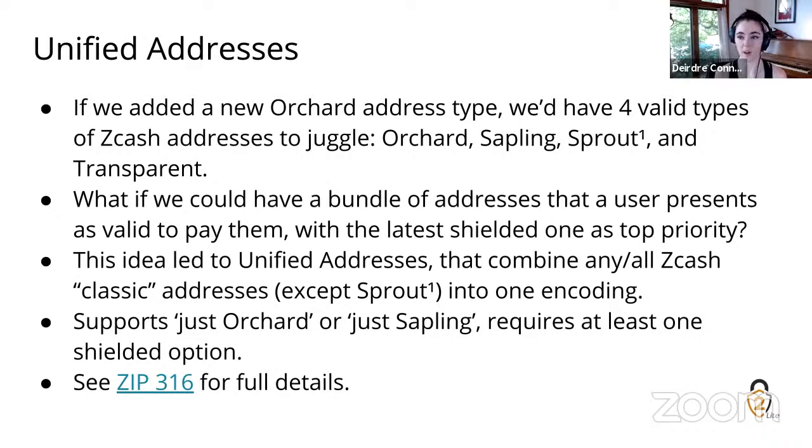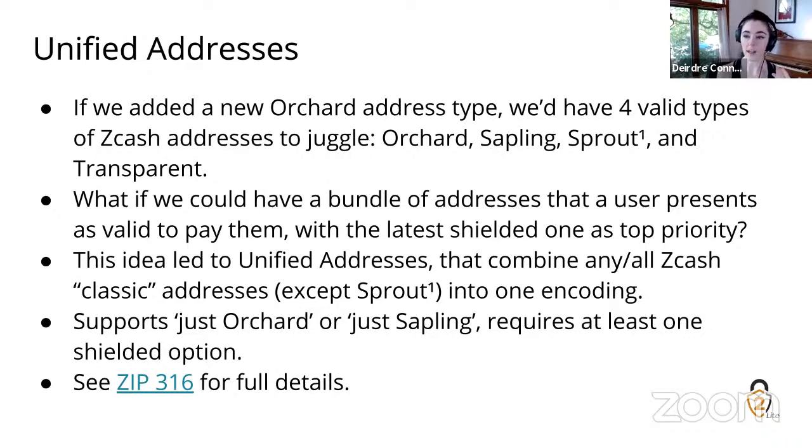And if they have an interoperable, compatible version of a Zcash wallet that would implement this ZIP 316, they would be able to parse that new unified address and figure out: if you support Orchard, we'll send to Orchard. If you don't support Orchard, we'll send to Sapling. If you don't support Sapling, we'll send to Transparent.